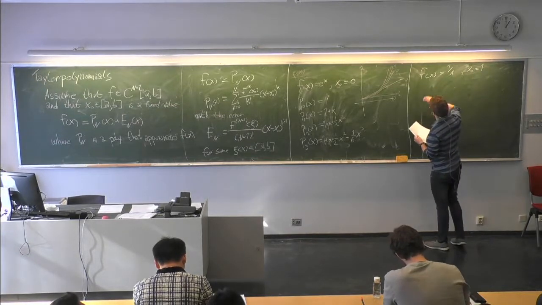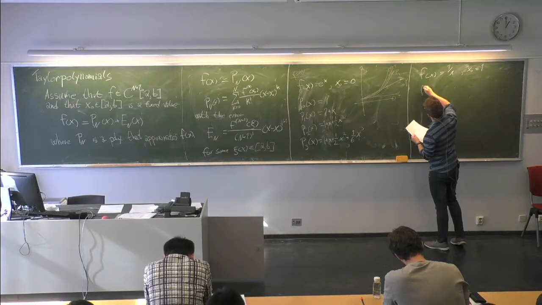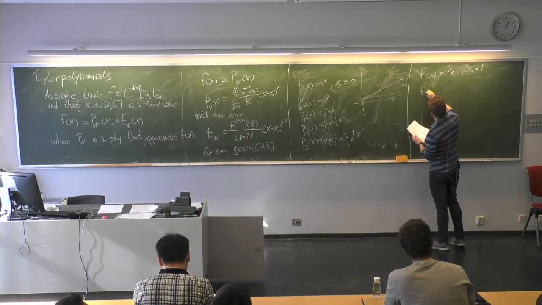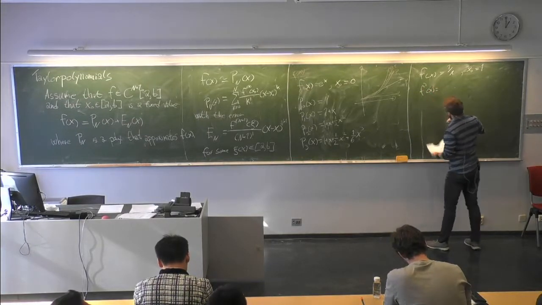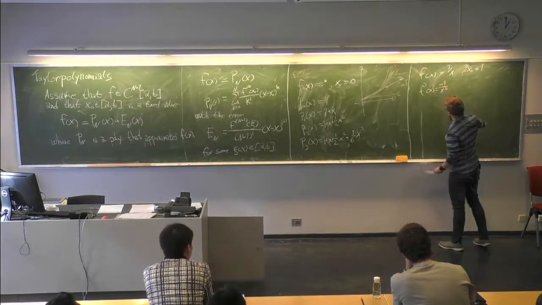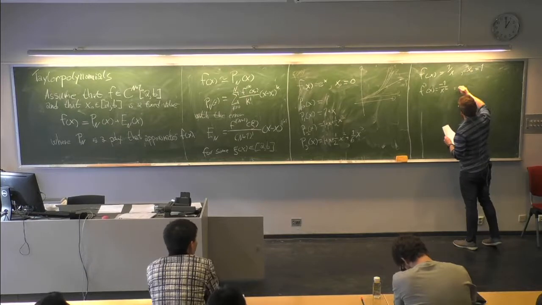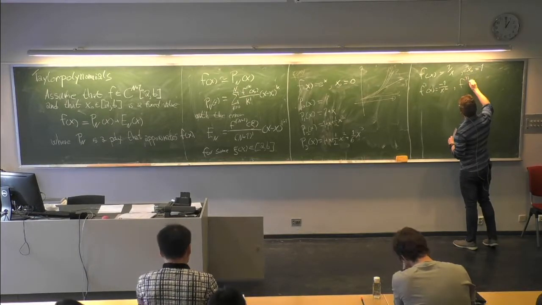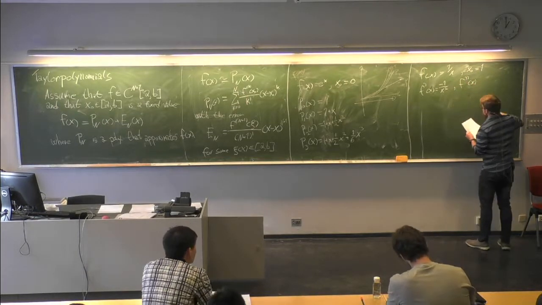Okay, the derivative of 1 over x is going to be minus 1 over x squared, and differentiating twice gives 2 over x cubed.